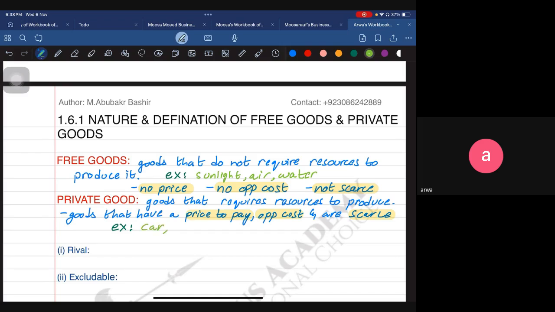Okay, so car, mobile, shoes, economics book, all these are considered private goods for which you are paying, right?